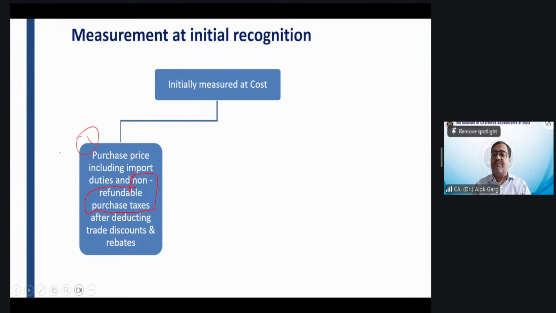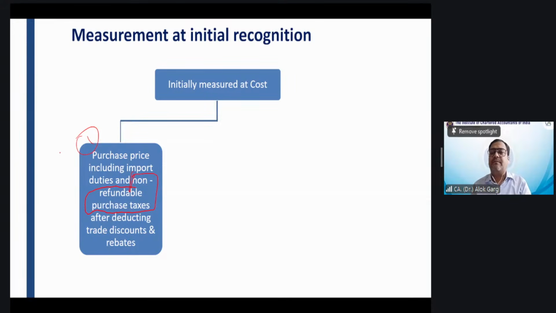A company has purchased a laptop for rupees 1 lakh. The company has imported this MacBook Apple laptop from USA. The cost of the laptop is 1 lakh rupees. The company has paid import duty of 40,000 rupees and GST of 20,000 rupees.